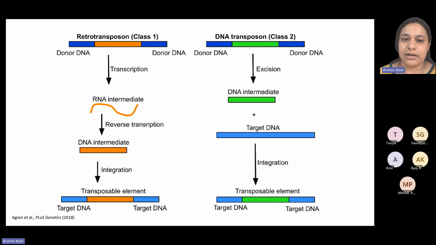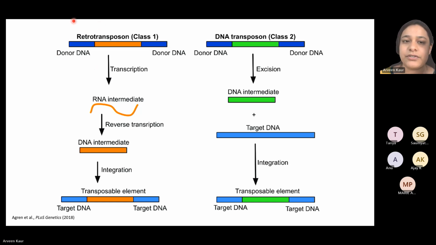If we broadly speak about transposons, they can be divided into two classes. First, let us discover what is on the left-hand side. The first class of transposons is known as the retrotransposons. Anything that has retro in it, what does it mean? It basically forms DNA from an RNA.